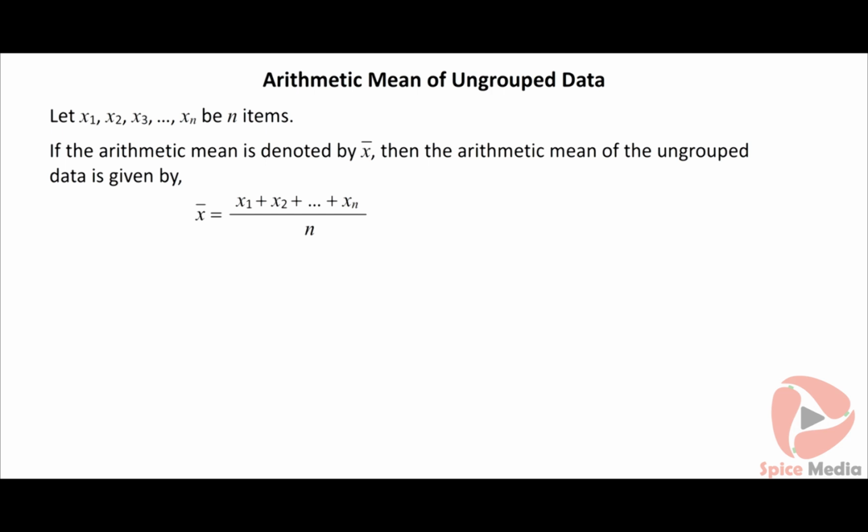Let us first see the arithmetic mean of ungrouped data. Let x1, x2, x3, and so on, xn, be n items.